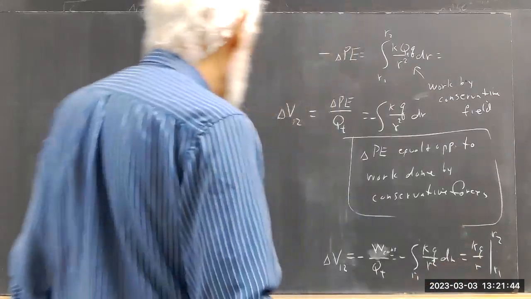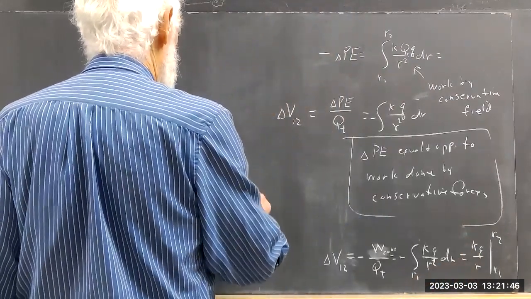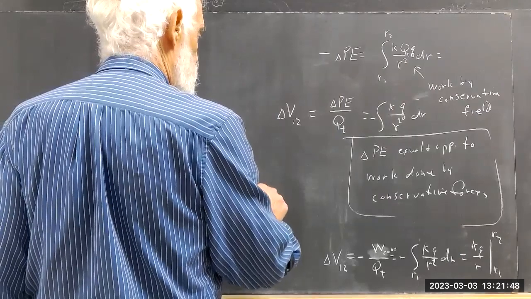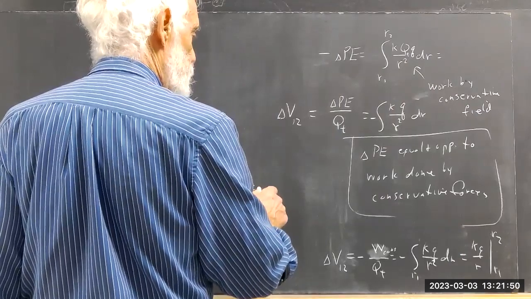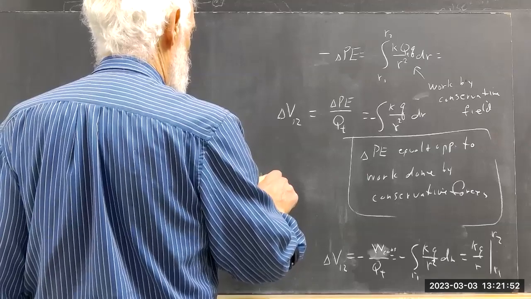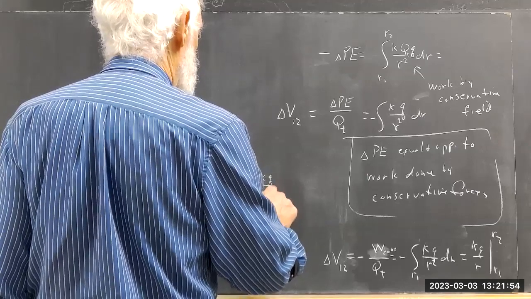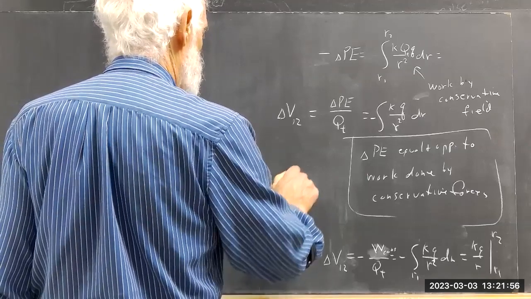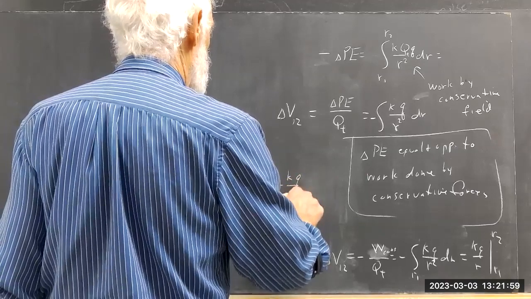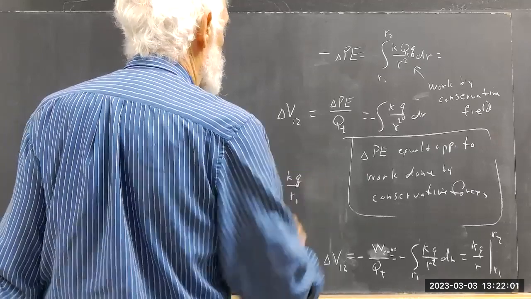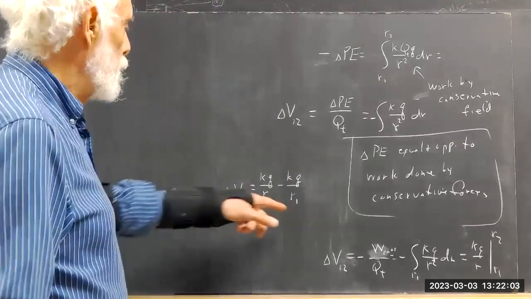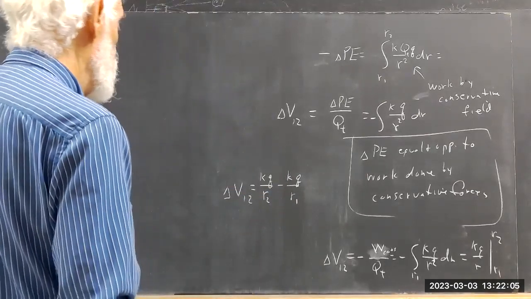We get this, and we conclude that delta V 1,2 equals KQ over R2 minus KQ over R1.